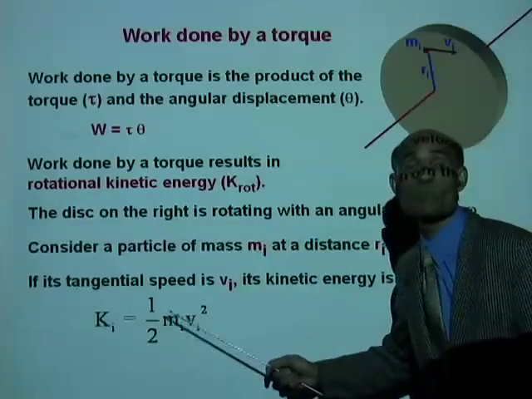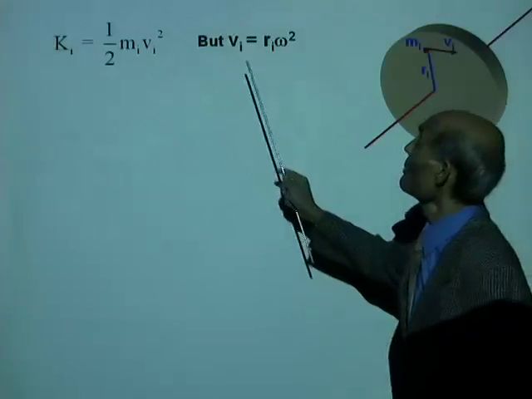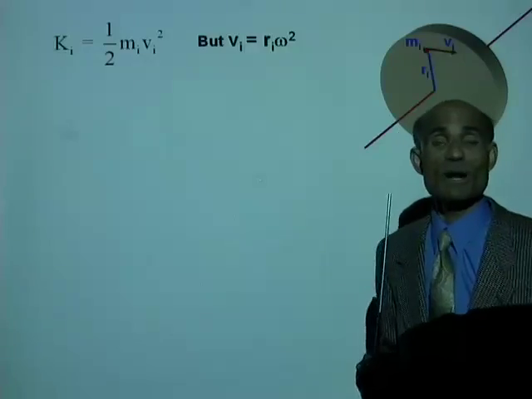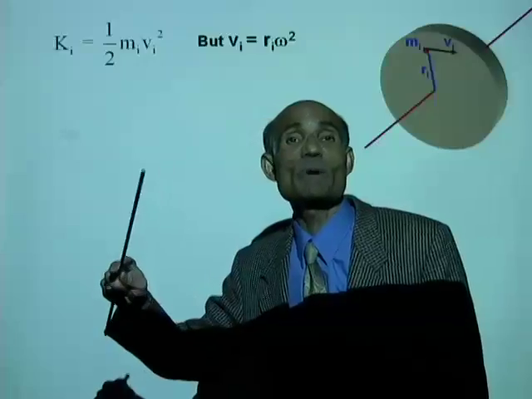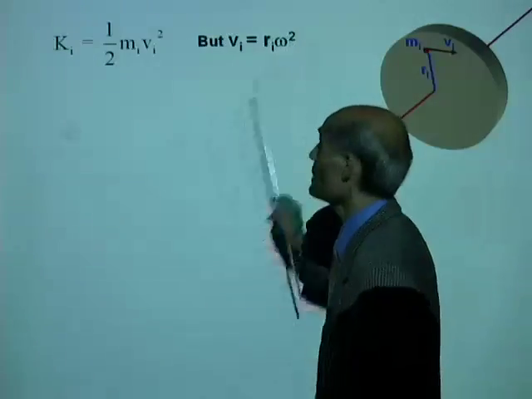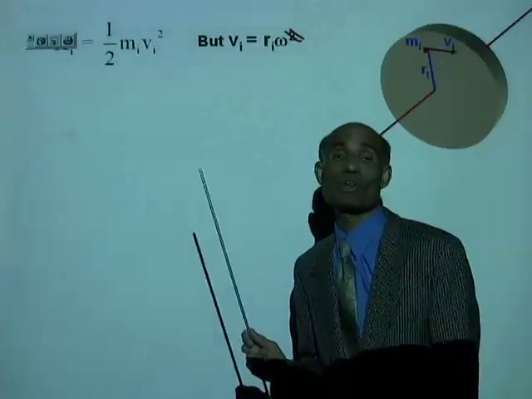Well, this can be applied to any particle on the disk. Alright? But vi equal to ri omega squared, is that right? The linear speed equal to r omega, v equal to r omega, not omega squared. You need to make that correction. vi equal to ri omega. The linear speed equal to r times the angular velocity.